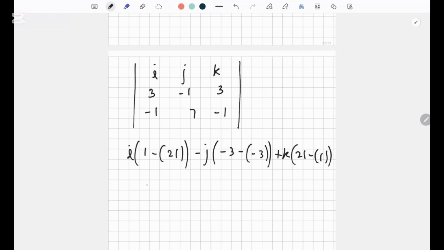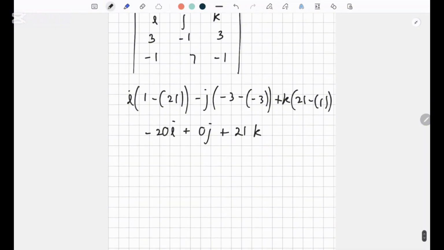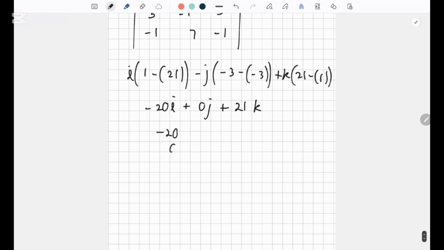This gives you minus 20i, 0j. You can see it's minus 3 plus 3, which is 0, plus 21k. So you can write minus 20, 0, 21.